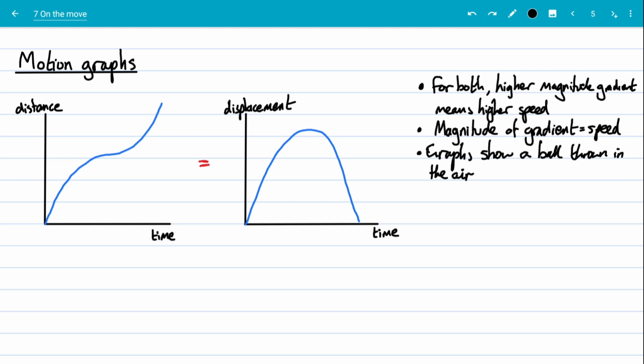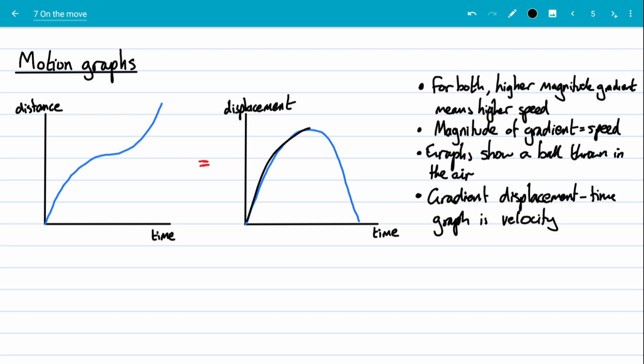So we could say a few other things. We could say that the gradient of a displacement time graph is the velocity. So if the gradient is increasing, then the velocity is increasing. If the gradient is decreasing, which is the case here, then the velocity is decreasing.